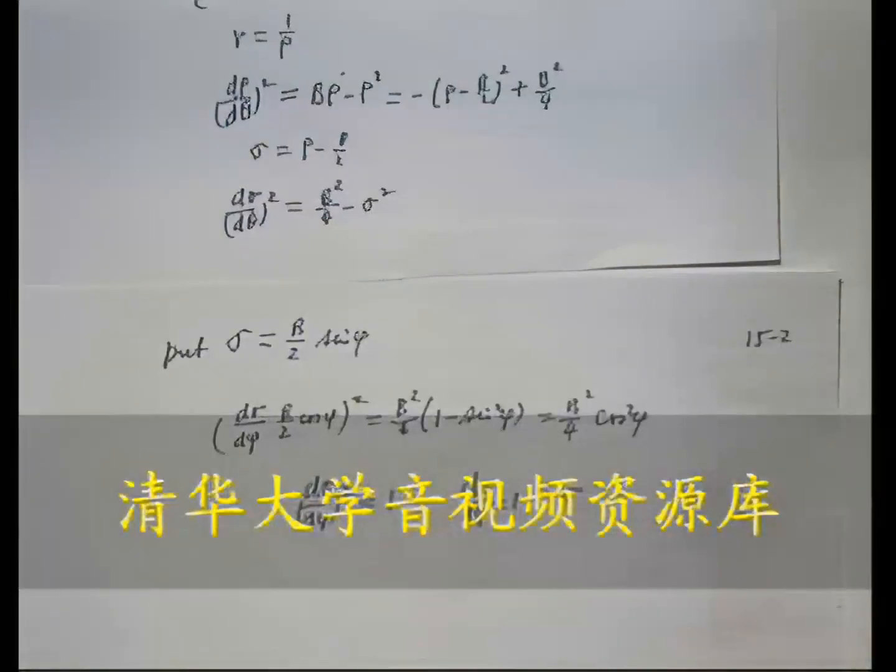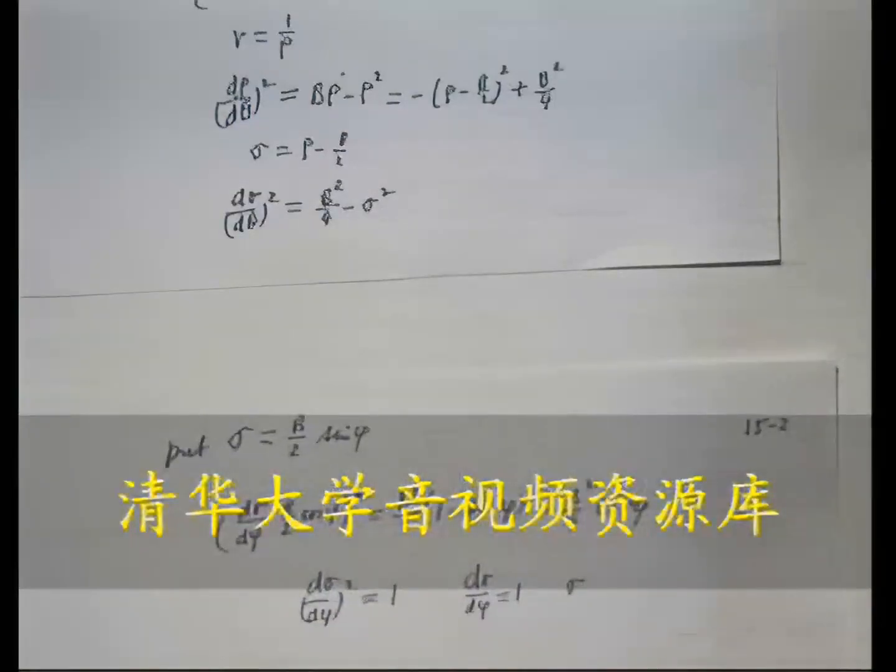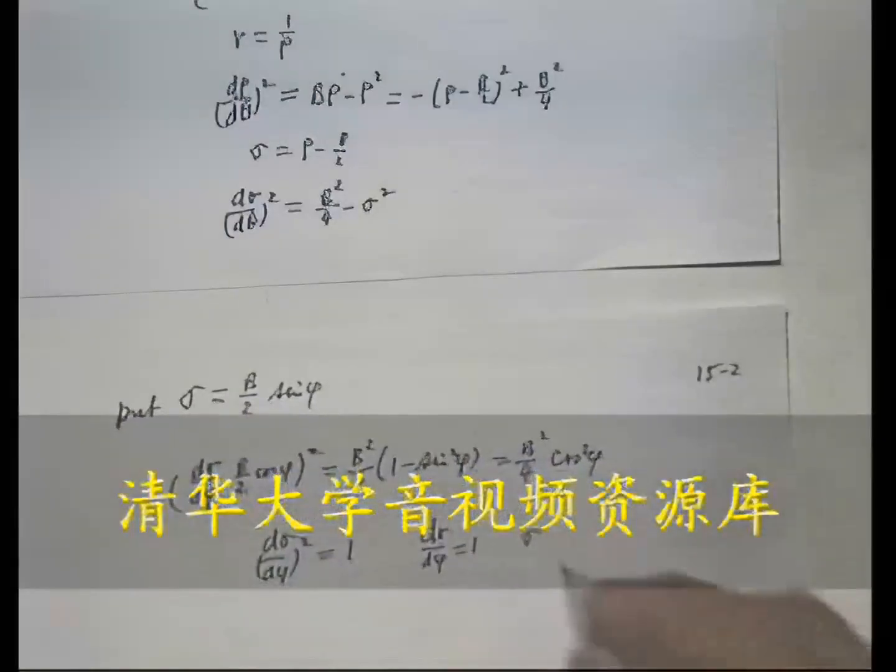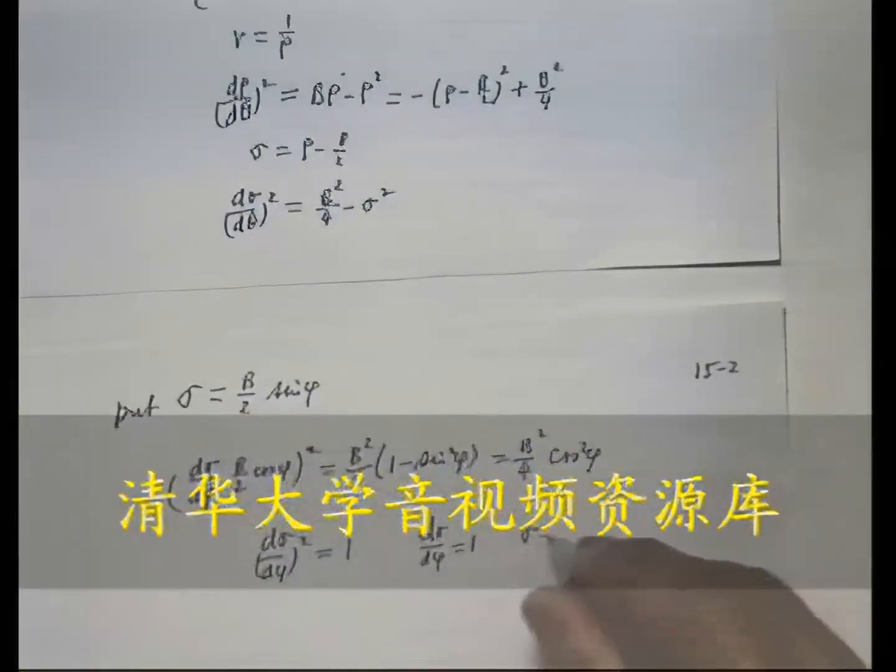Just a minute. So sigma is equal to phi plus a constant.